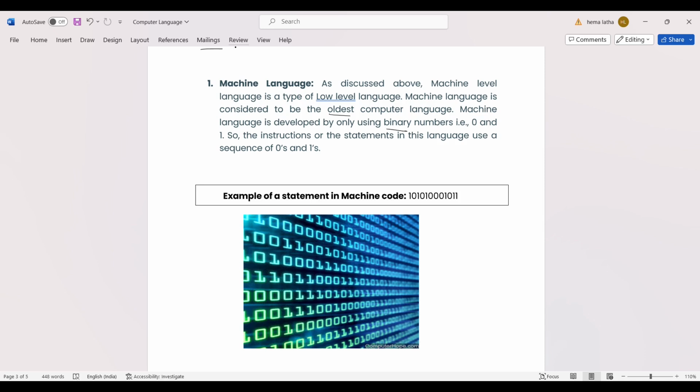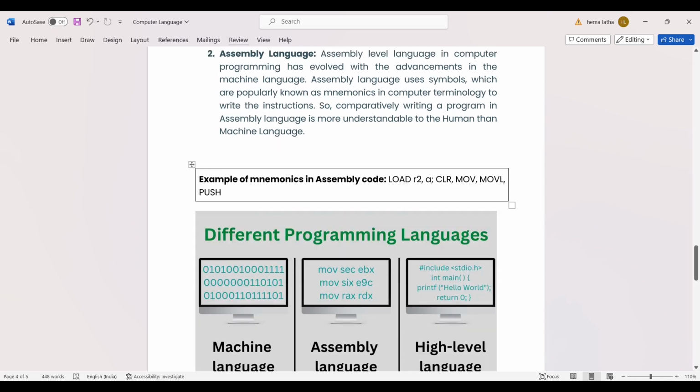If you see the code, it will be like 1 0 1 0 1 0, like that. By seeing this, a normal human being cannot understand what kind of coding is written, whether it is an instruction, or data, or an error. Nothing we can understand by seeing the zeros and ones.